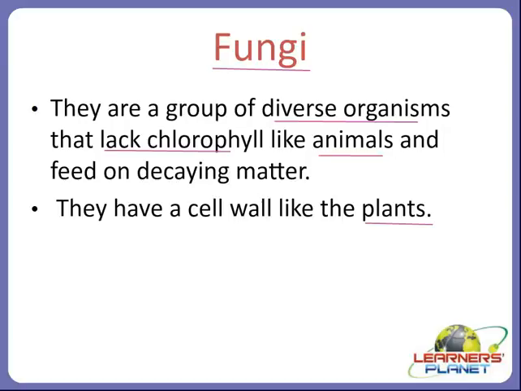It is because they feed on decaying material, and the organisms which feed on dead and decaying material are known as saprophytes. A saprophyte is an organism which depends on dead and decayed material for its nourishment. This is one of the special features of these organisms.